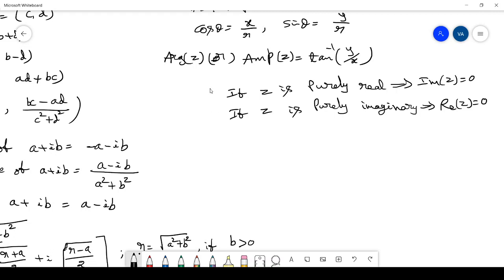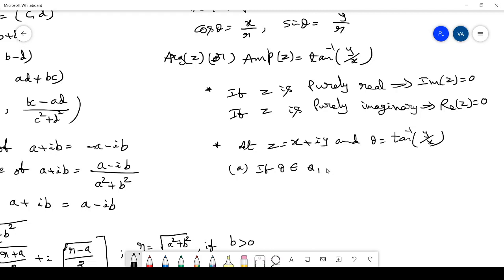Next point is, let z is equal to x plus iy and theta is equal to tan inverse y by x. If theta is in the first quadrant, then amp z is equal to theta.